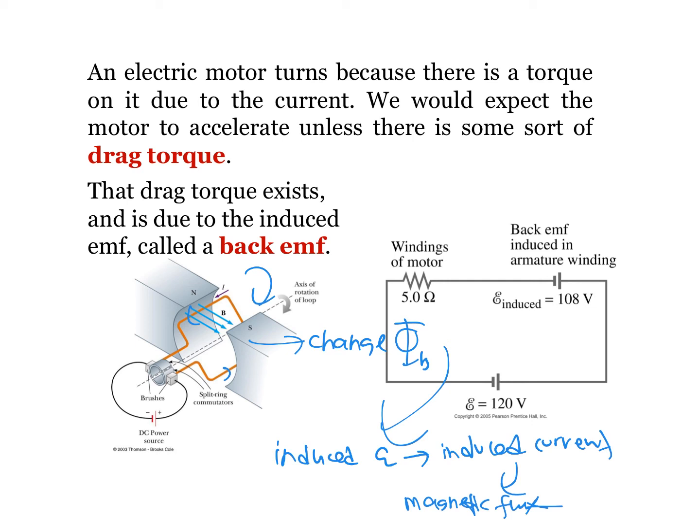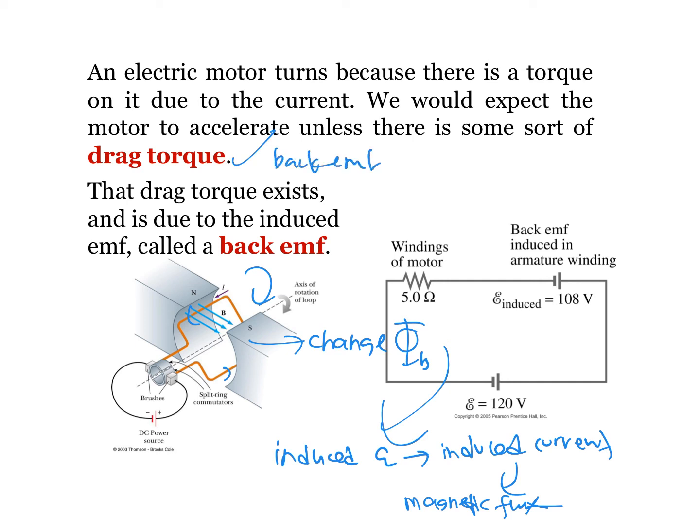So when the induced current produces a magnetic flux that opposes the original change of the loop, it is going to produce a drag torque, or what we call back EMF.